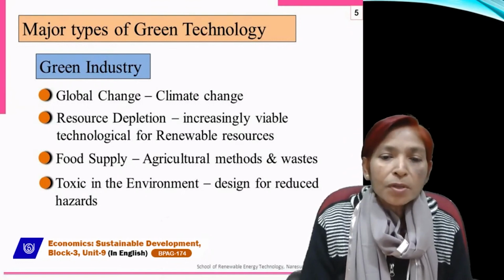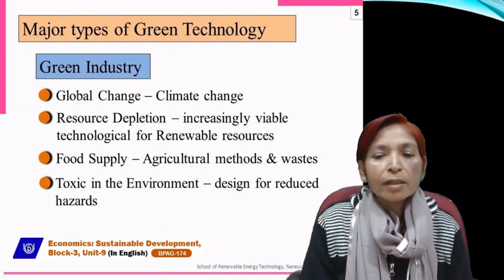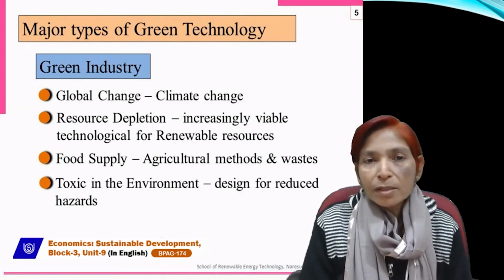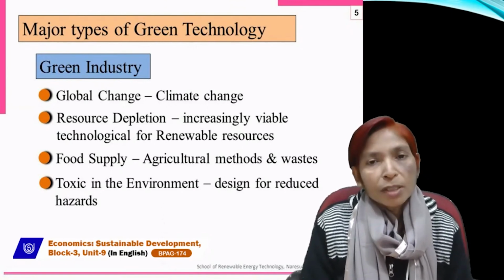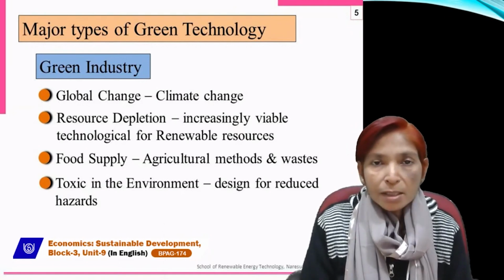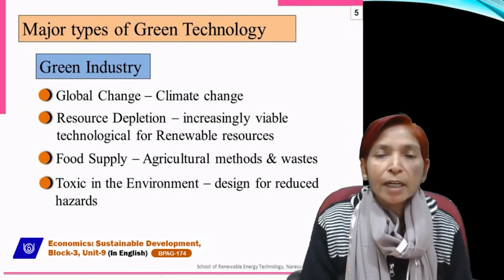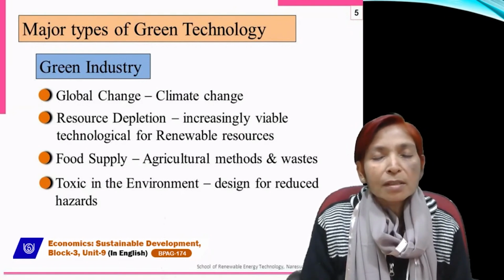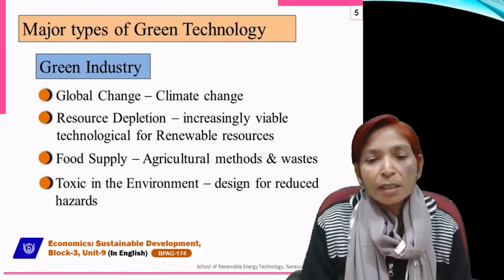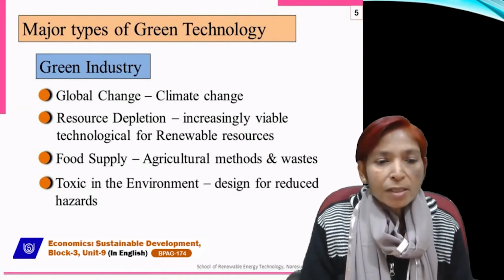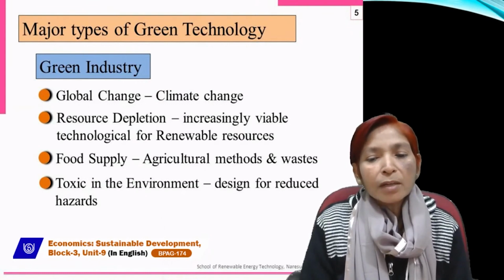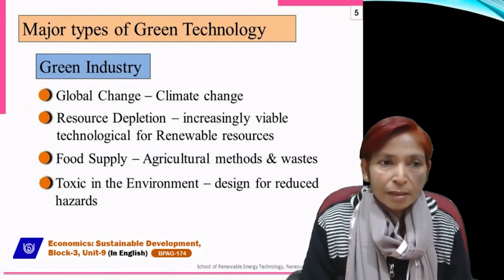Next is food supply, agricultural methods and waste. In this, we should also use green technology. In the agriculture sector, if we use green technology, the various methods of green technology, then the environment can be protected. And toxics in the environment, designed for reduced hazards.